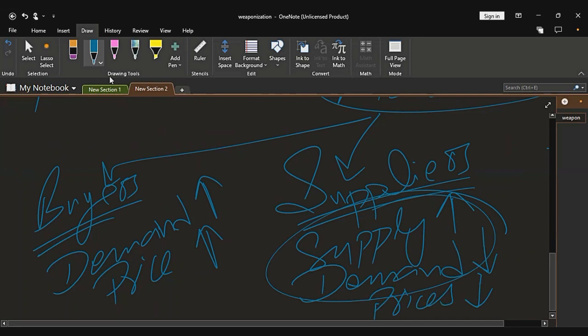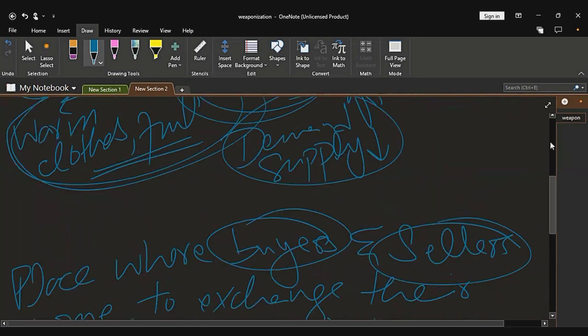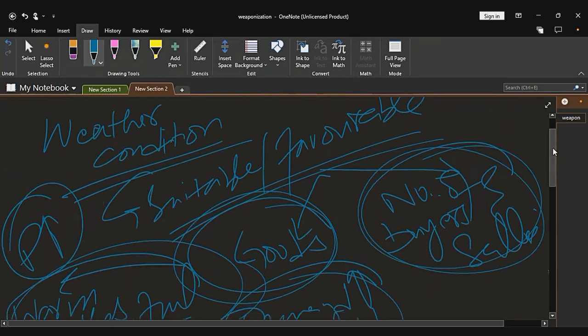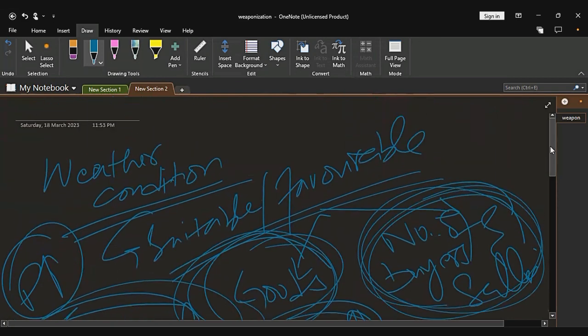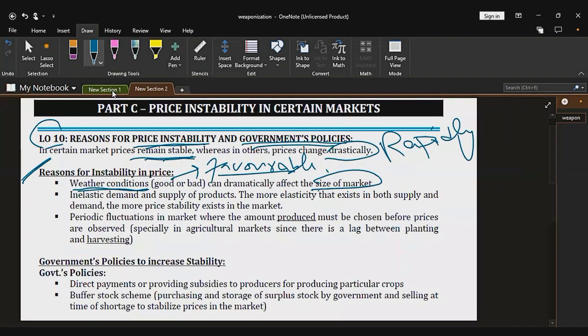So this is the impact of increase and decrease in the number of buyers and sellers and the nature of good. So weather conditions have a very great effect on the size of the market, whether discussed in terms of good nature or in terms of number of buyers and sellers.